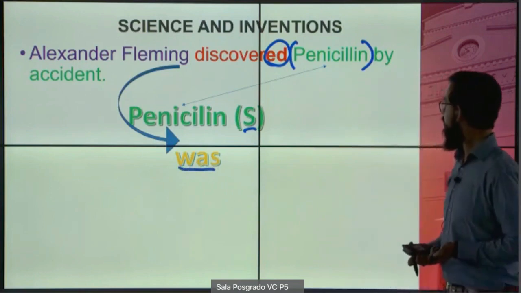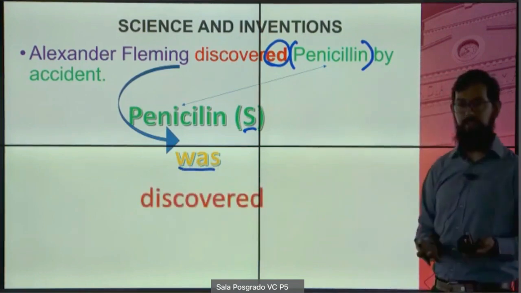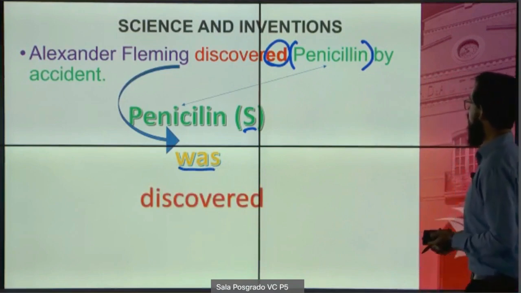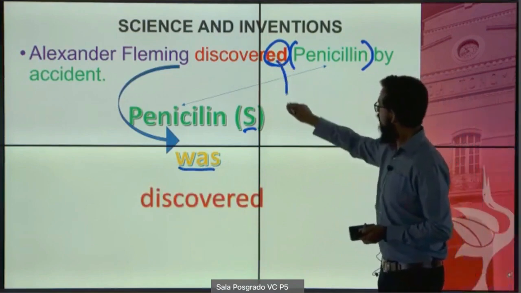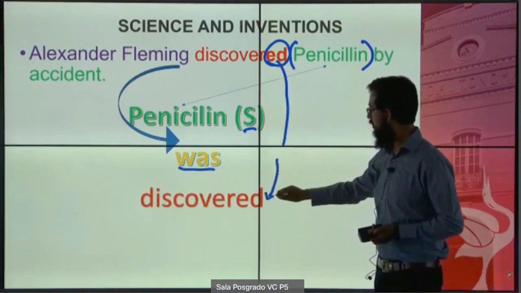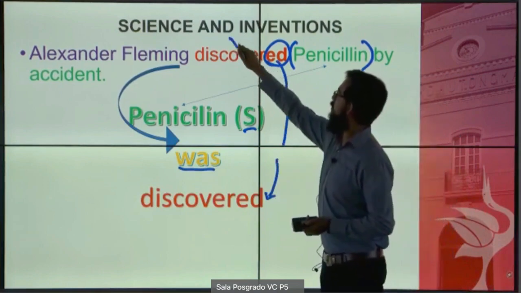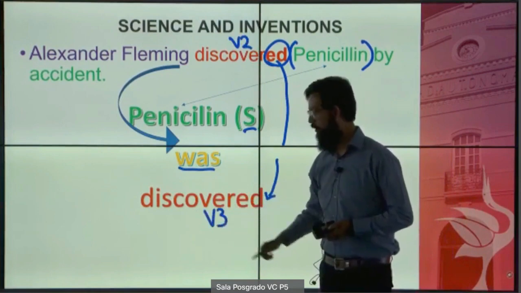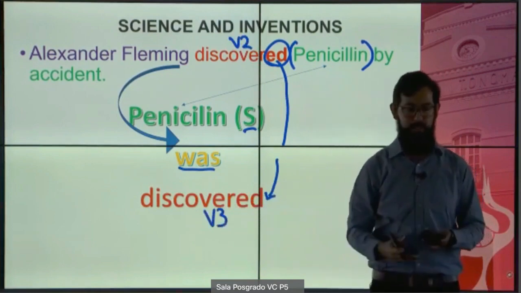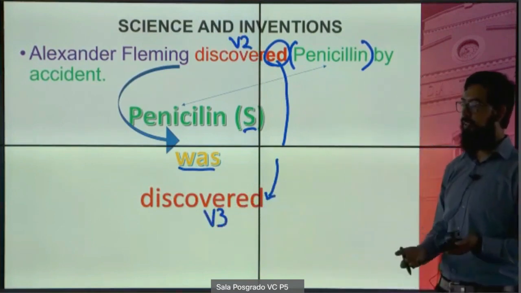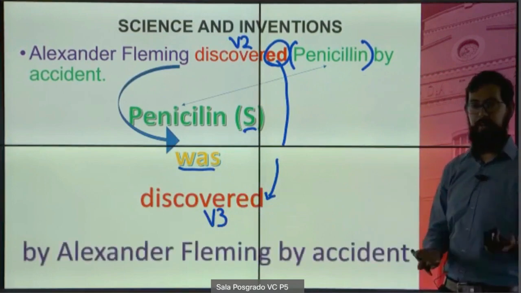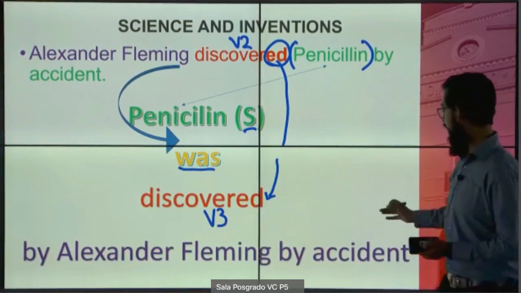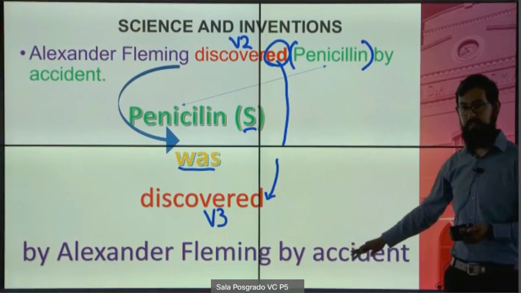Penicillin was discovered. Okay? This is the same. This is a verb in past and this is a verb in past participle. But it happens to be the same. Okay? Penicillin was discovered by Alexander Fleming by accident. Okay? The end.